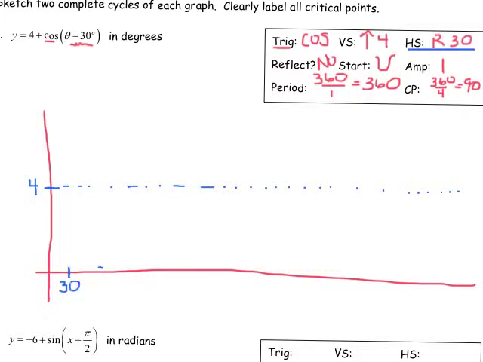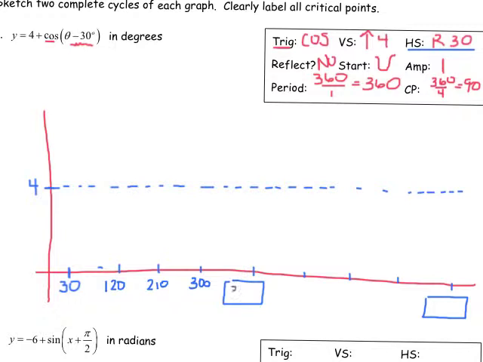and we make 1, 2, 3, 4. So this is the end of our first cycle. 1, 2, 3, 4. This would be the end of our second cycle. And each of these tick marks is separated by the critical point of 90. So 30 plus 90 is 120, plus 90 is 210, plus 90 is 300, plus 90 is 390.